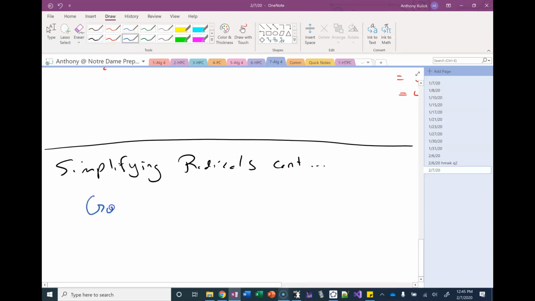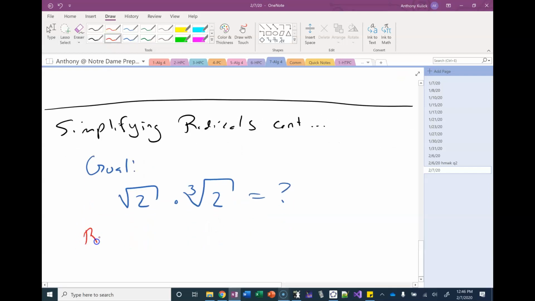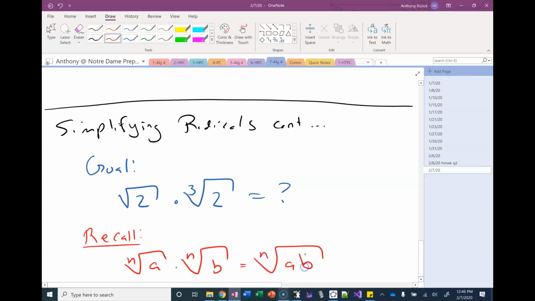So our goal today is to figure out how to do things like this. So if I have the square root of 2 times the cube root of 2, how do we do this? Well, we know that when the index for the radical is the same, we can just multiply the radicands together, right?